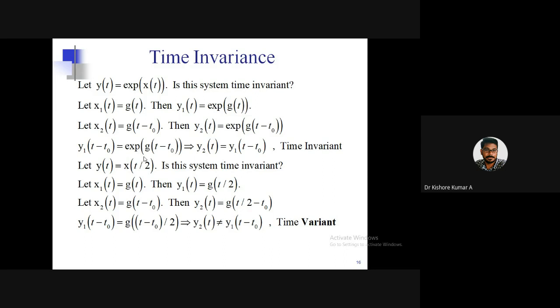You introduce some time delay t minus t naught on the input side, and the output side also becomes exponential of g of t minus t naught. Now you see that y1 of t minus t naught is again an exponential of t minus t naught, which leads to y2 of t being nothing but y1 of t minus t naught. Whatever delay is introduced in the input of this particular signal, you will get the same delay in the output, that is so-called time invariant.